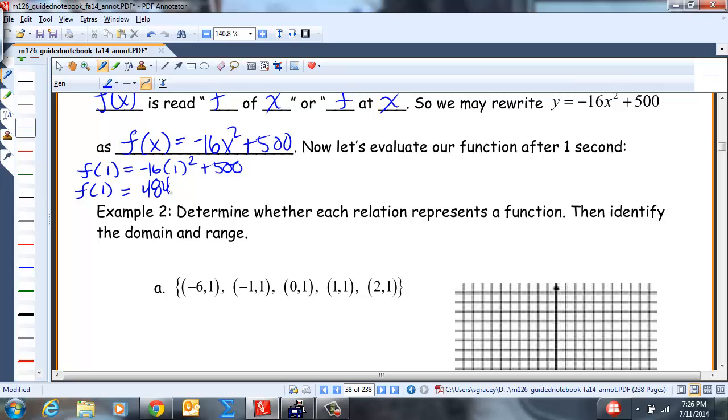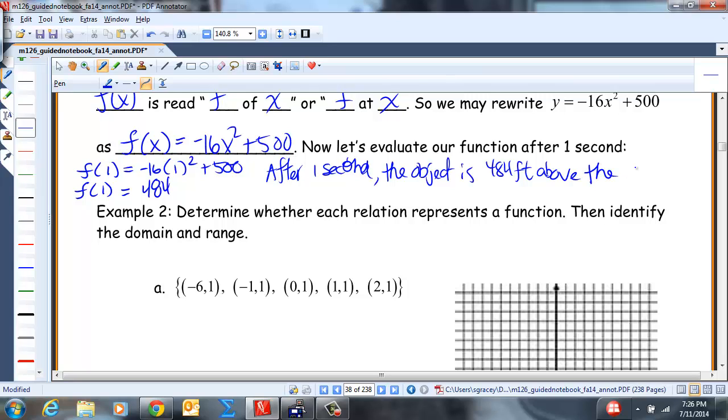This means that after 1 second, the object is 484 feet above the ground.